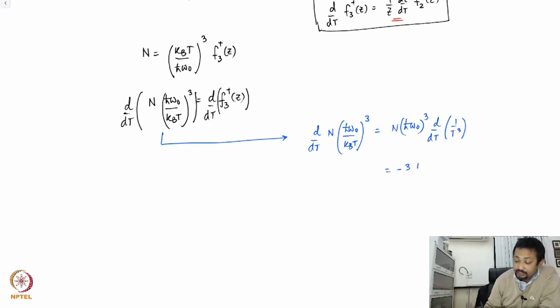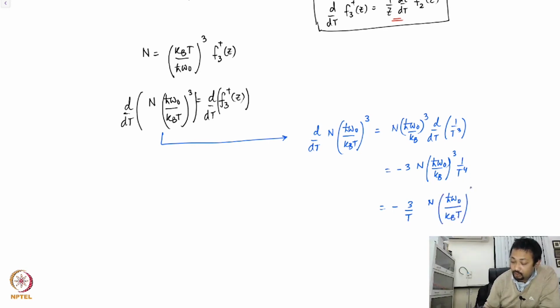You're going to have minus 3N h bar omega naught over kB whole cube divided by T to the power 4, and I have missed a kB over here, so that I have minus 3 over T times N h bar omega naught divided by kBT whole cube.